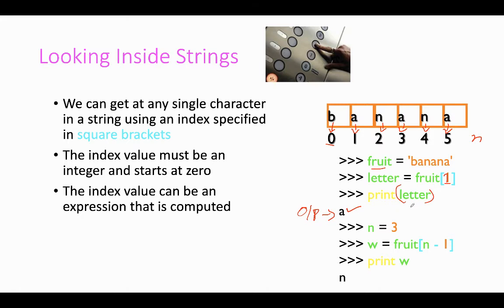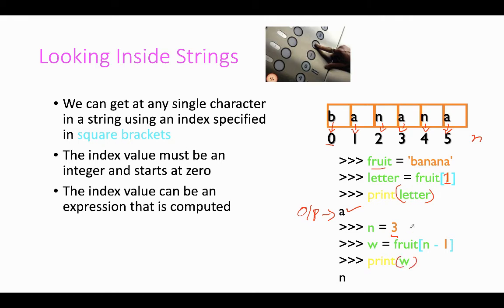In the same way, another example using the index method: n equals 3, w equals fruit[n minus 1]. What is the n value here? It is 3. 3 minus 1 is 2. Print w.